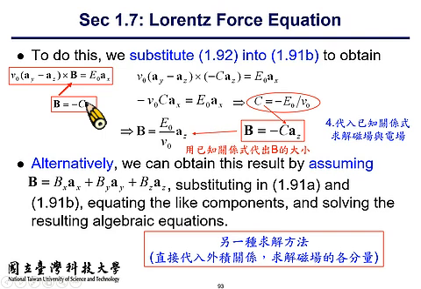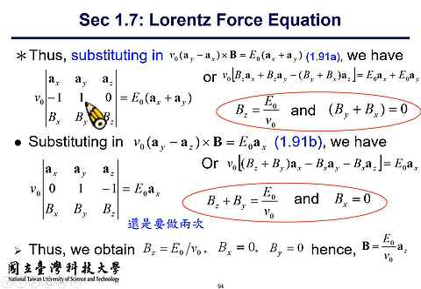Alternatively, the textbook shows another way to solve this problem by assuming B as BxAx plus ByAy plus BzAz. It's an alternative way to think about this problem. You just put the BxAx, ByAy, BzAz into the relationship and try to solve for the three unknowns Bx, By, and Bz.